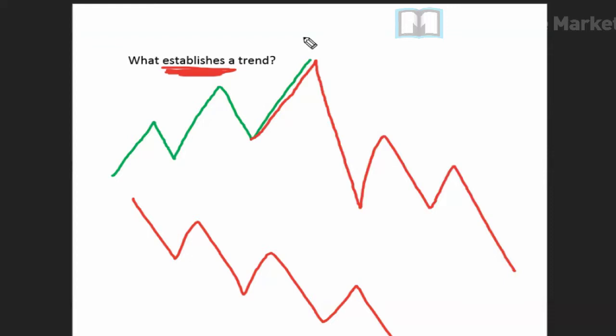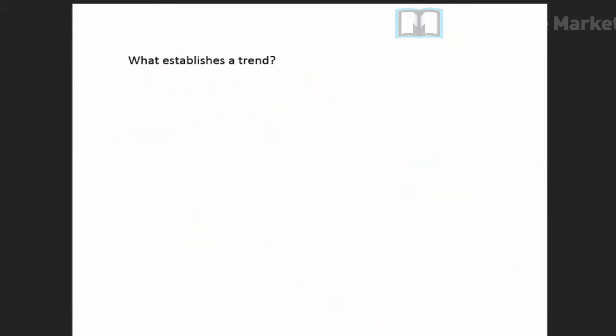There's either a trend defining breakout, it defines a new trend, or a trend establishing breakout. So today we're going to cover the simplest of those variations, which establishes a trend. So let's take a look at an uptrend first.